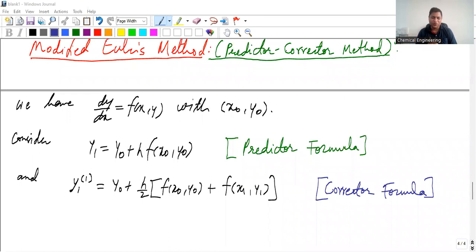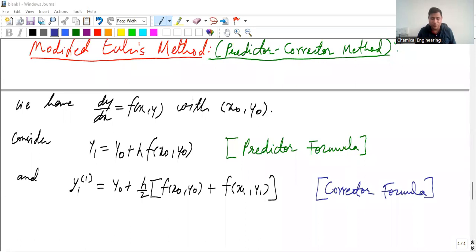As I have told you in the previous example, this was the LDE. When you solve the LDE, you get the correct answer by using the analytic solution. So why are these numerical methods used? Because we are not able to solve the problems using analytic methods.